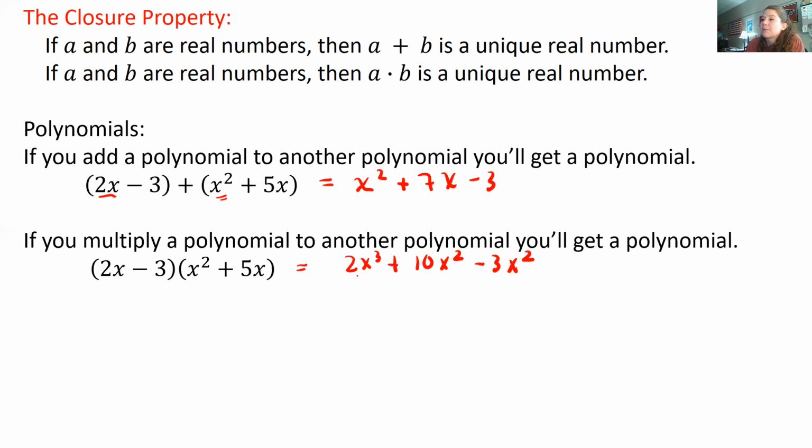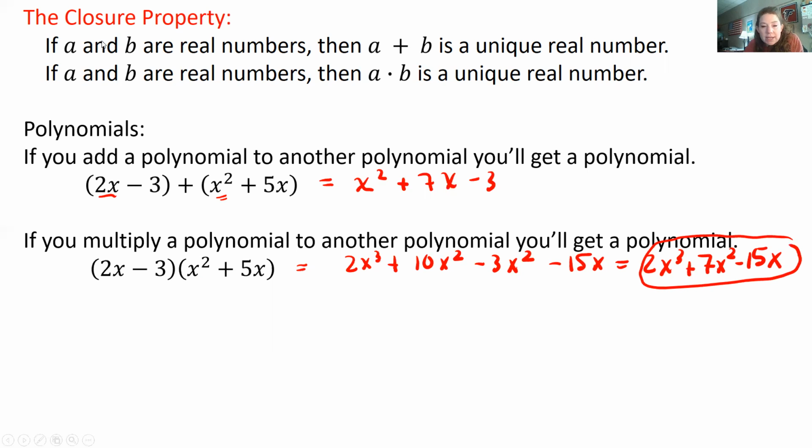And then -3 times 5x is -15x. Those two middle terms are like terms. So we get 2x to the third plus 7x squared minus 15x, and that is a polynomial. So that is true.